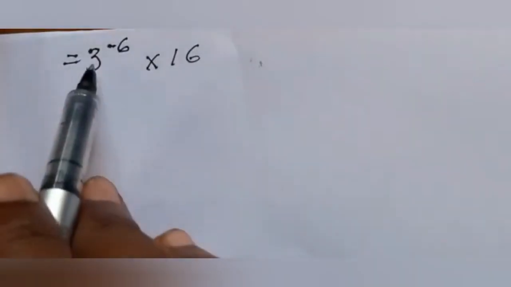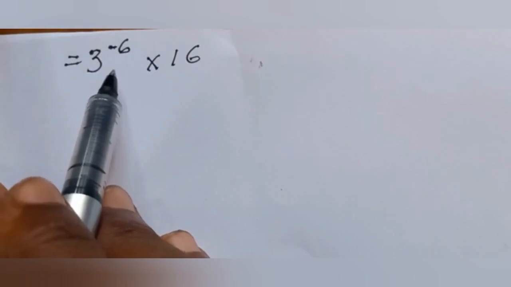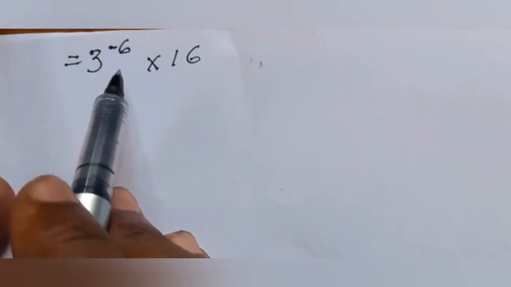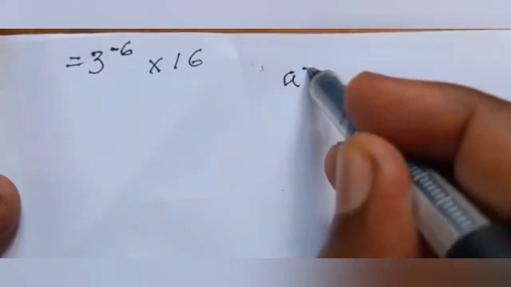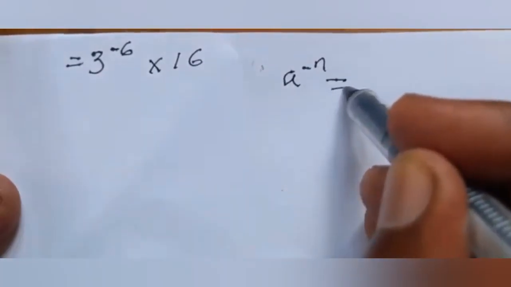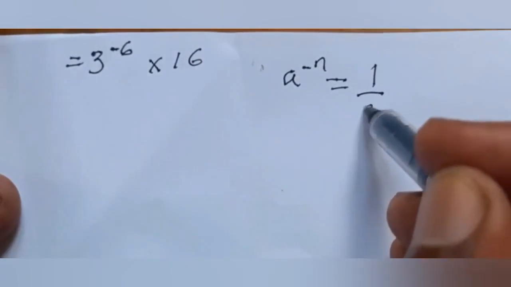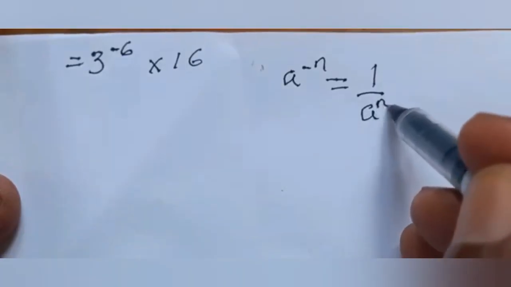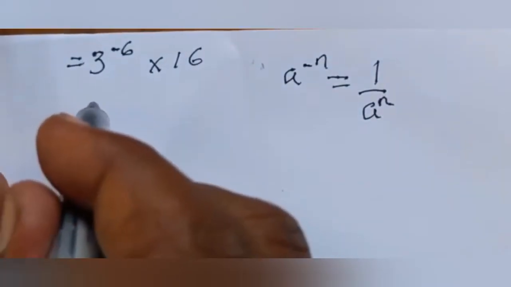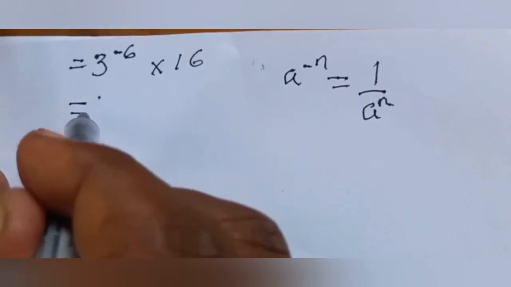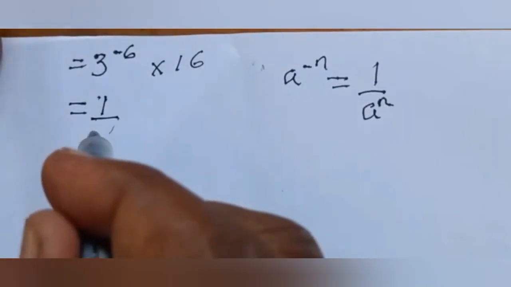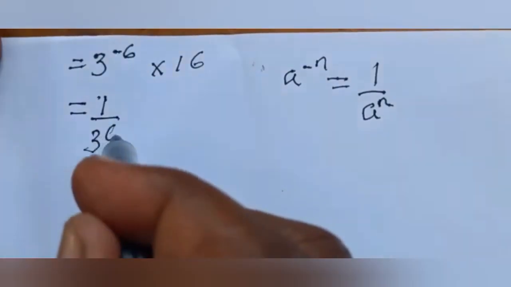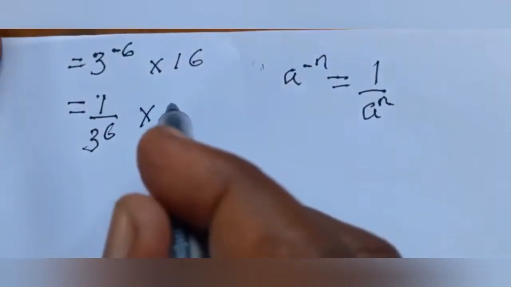Again here, we can use the law of exponent, which is the negative exponents. A power negative n equals 1 over a power n. So we have 1 over 3 power 6 times 16.